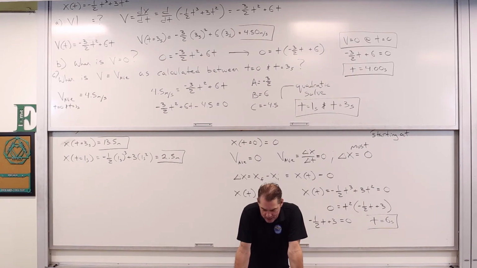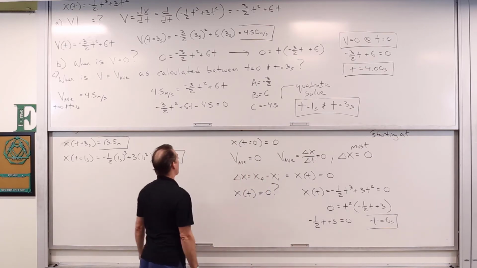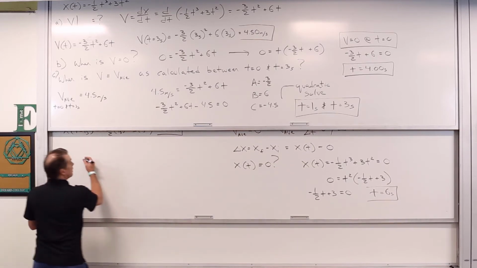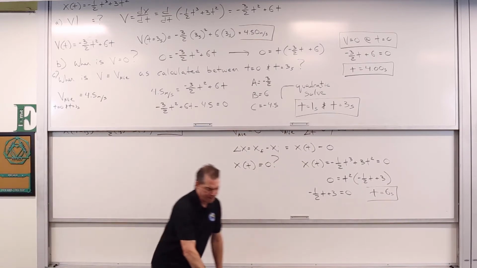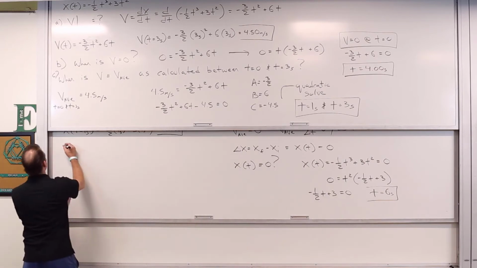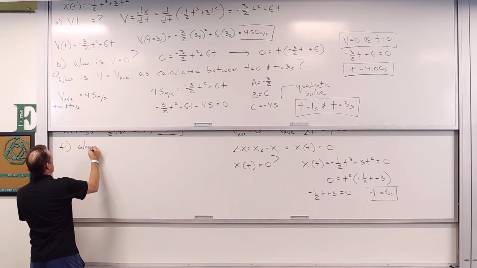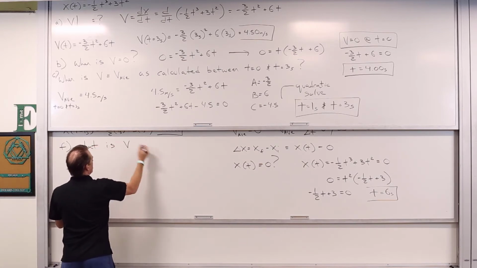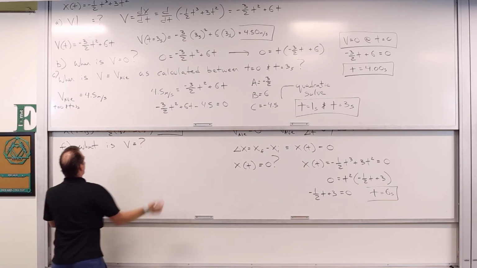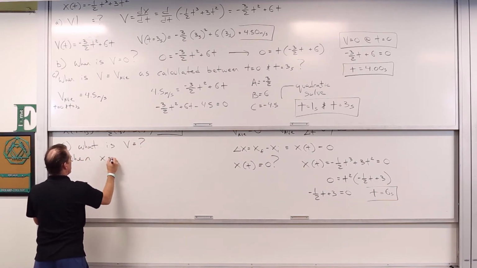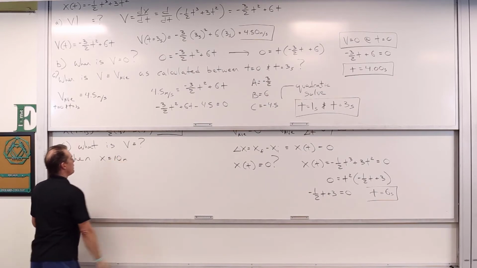All right, a couple more little pieces. What is the instantaneous velocity when the object is at the 10-meter mark? Oh, this is a good one. This is part F. What is v equal to when x is equal to 10 meters?